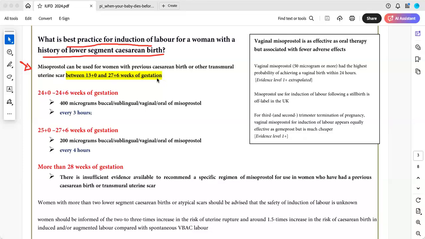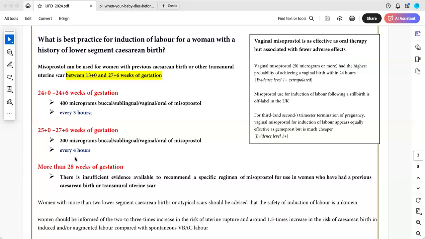Okay, so for pregnancies more than 28 weeks of gestation, there is insufficient evidence available to recommend a specific regimen of misoprostol to use in women with a scarred uterus.